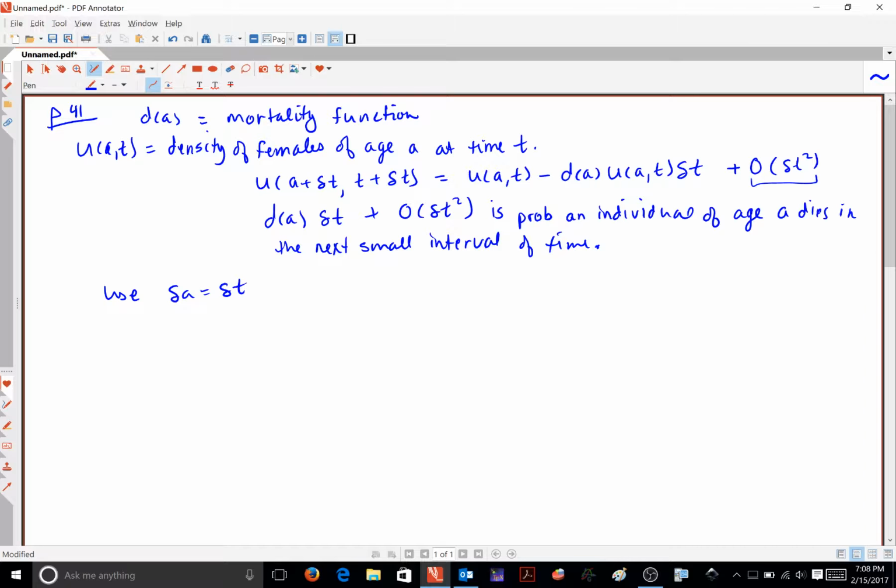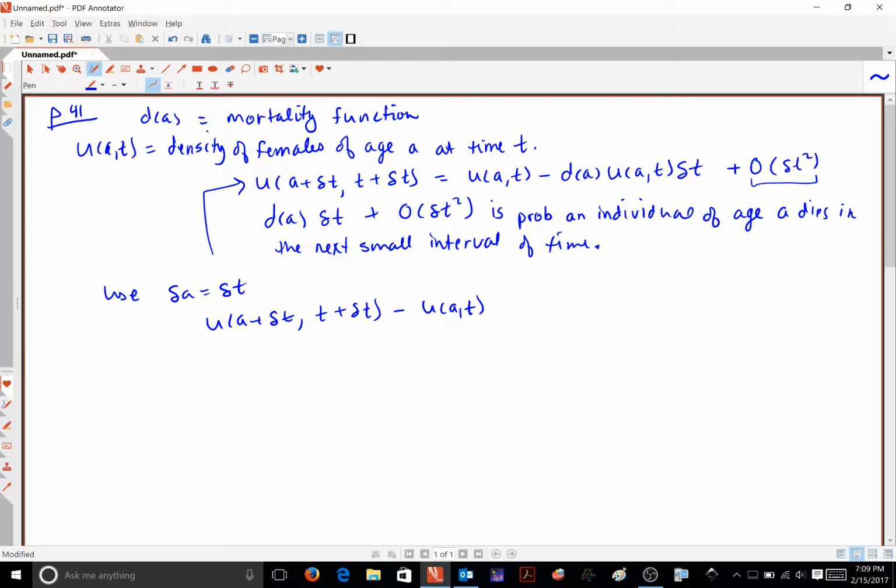and you get, well, let's look at it. If you have du/da plus du/dt, so now you have to take your, I'm going to do this a little bit differently. I'm going to take the original equation up here, and I'm going to subtract off u of a plus delta t, t plus delta t minus u of a, t.